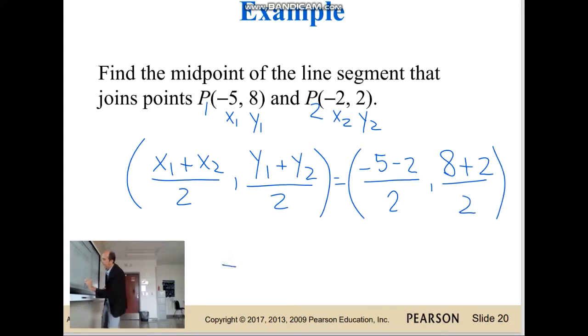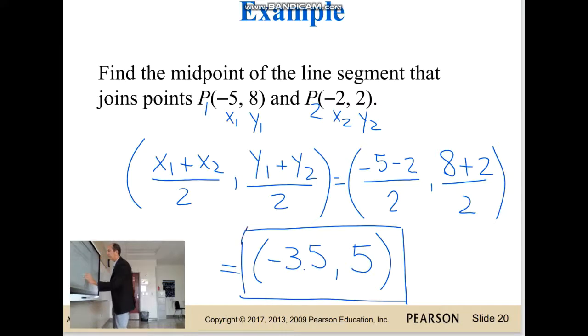And the midpoint is going to be -5 minus 2, -7, divided by 2. We can write here -3.5. And 8 plus 2, 10 divided by 2, 5. This is the answer.